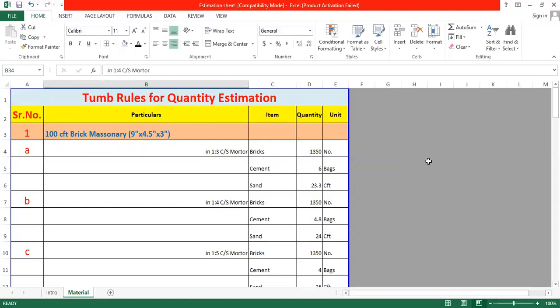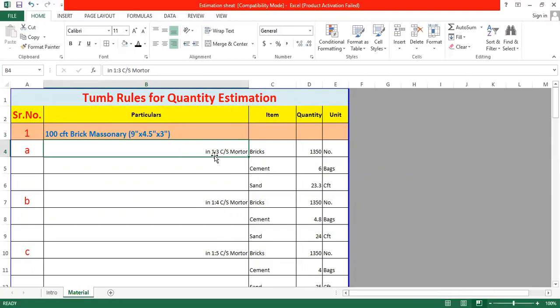Now this thumb rule is summarized in this particular Excel file. Let's suppose for 100 cubic feet of brick masonry, in which the size of the brick will be 9 inches by 4.5 inches by 3 inches, and you are using cement sand mortar as 1:3.